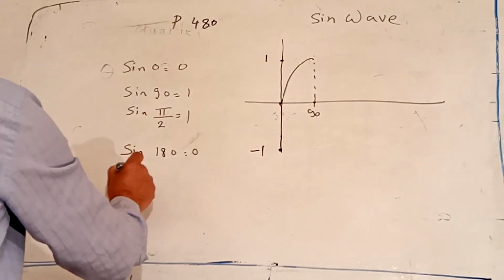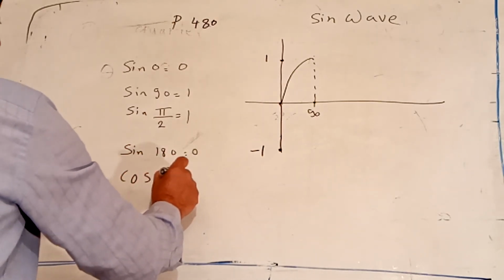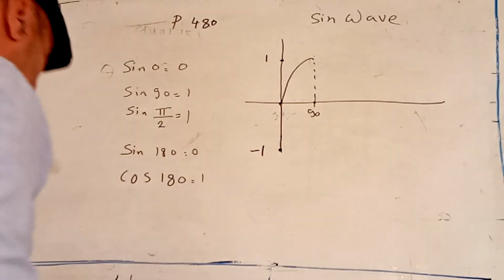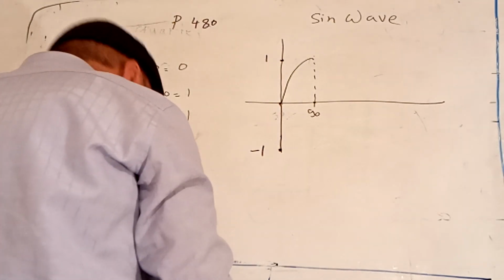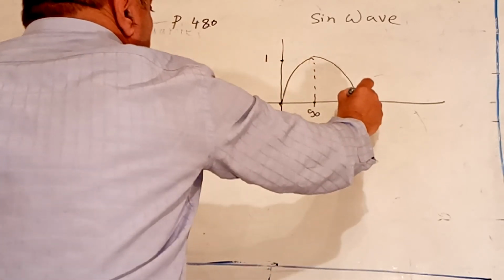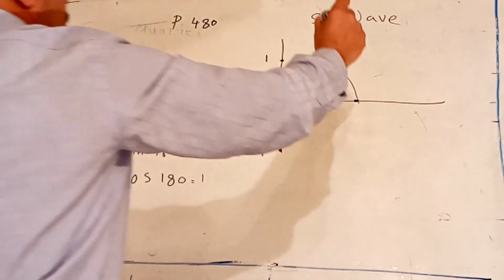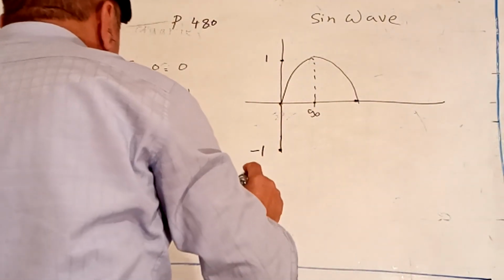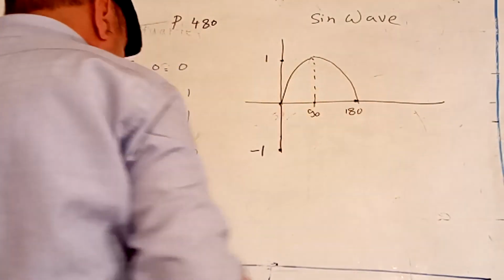But cosine 180 equals minus 1? Cosine 180, we will go like this. This is cosine, okay? Right, so it will go like this. This is 180.